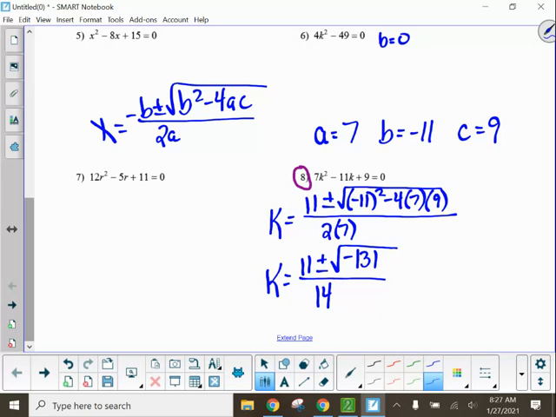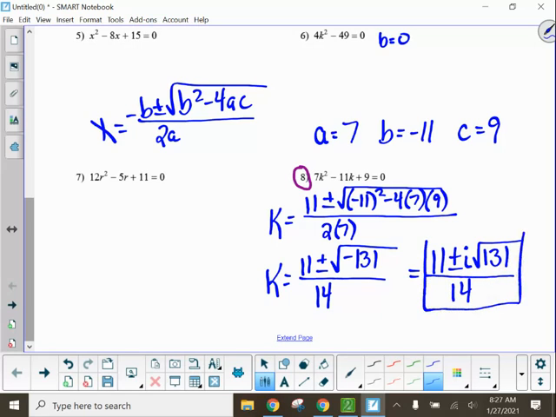But other than that, 131, I believe, is prime, so it doesn't have any factors. There's no way that I can reduce this. But anytime you have a negative inside that square root, you do have to pull that i out for the imaginary unit. And so that would be your solution: 11 plus or minus i square root of 131 all over 14.